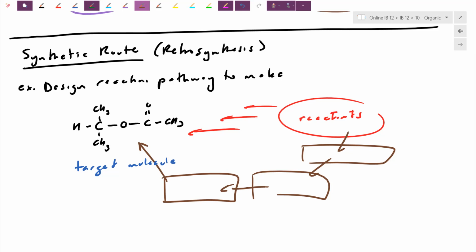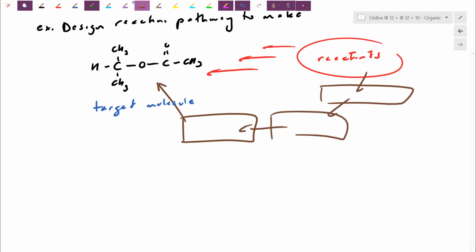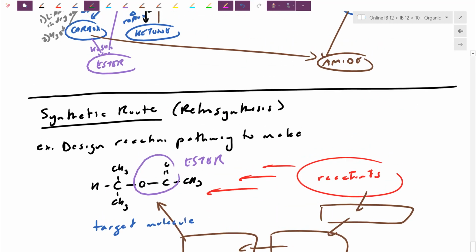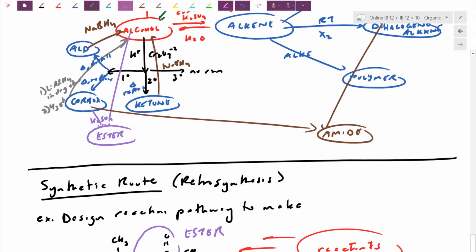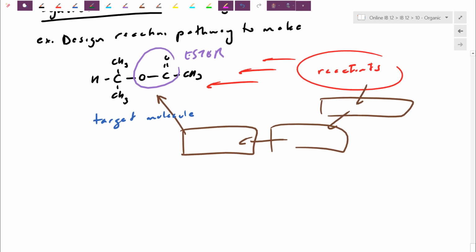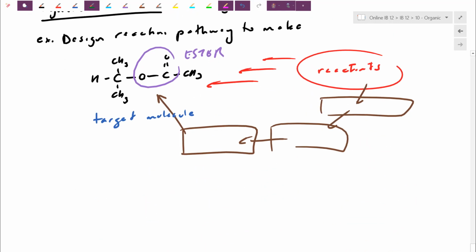So let's try it out here. A good way to do this is to recognize what family we're in. Because we have the C double bond O, we are in the ester family. If you look back at our mind map, we only were able to form an ester from a carboxylic acid and an alcohol. So I just need to tell you, what is my carboxylic acid and what is my alcohol? The carboxylic acid here is the carbon side, so this one here.